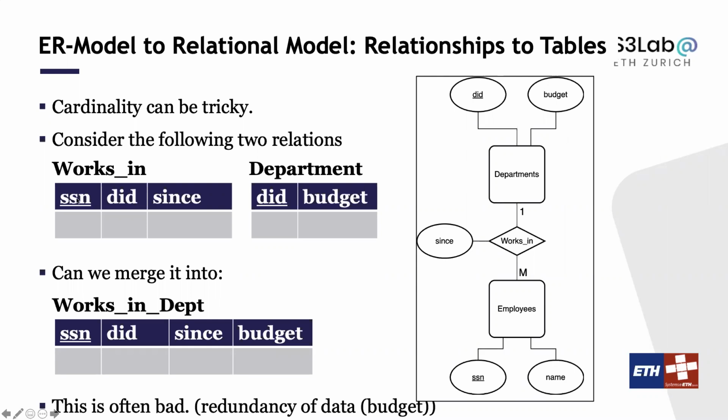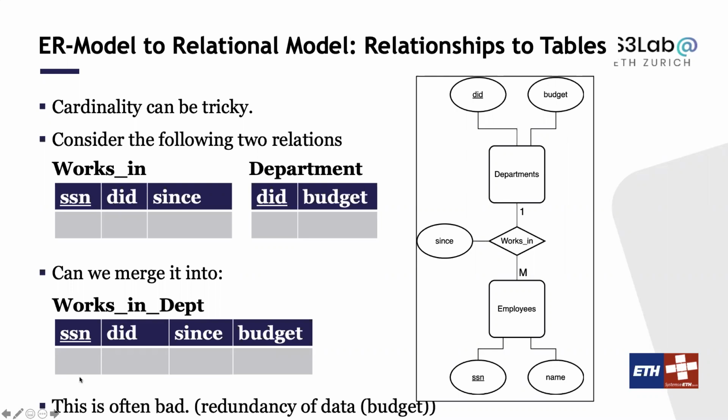The key of the works in relation is SSN from the employee side, and the key of department is department ID. And the department ID is not the key here. When you merge them, you are going to have a lot of redundant information.